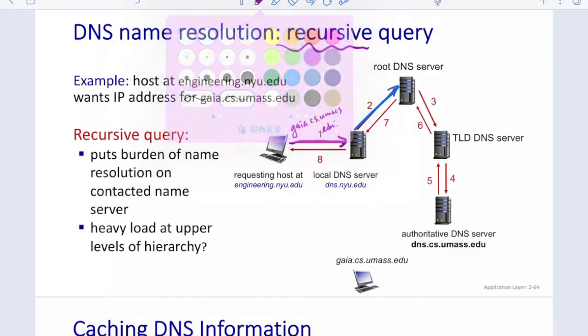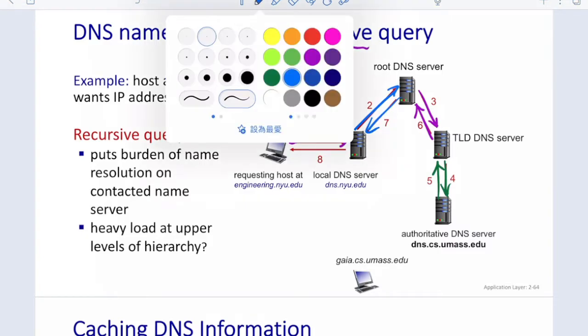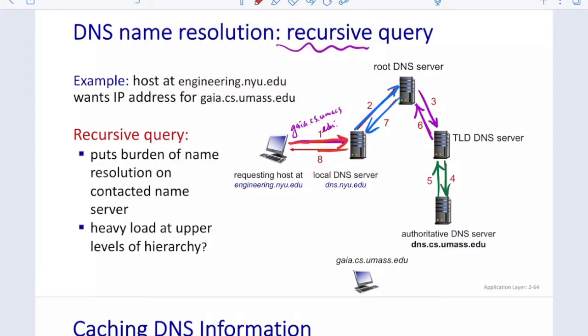Then they will further ask the top level domain, which will further ask the authoritative name server, and then come back and come back and come back, and finally go back to the original host who wants to know who is gaia.cs.umass.edu. So that is called a recursive query.